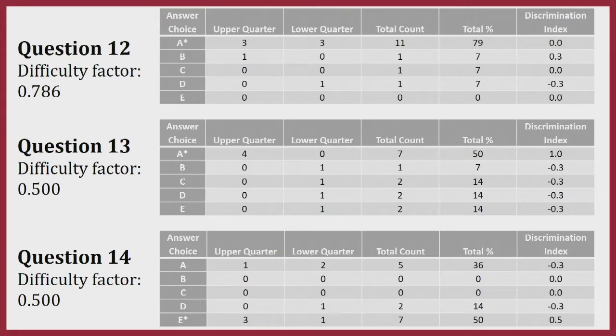And that meant that a vast majority of the students got that question right. So the difficulty factor is the same as that total percentage. The difficulty factor here is 0.786 or rounded to 79%. That's sort of the same thing.